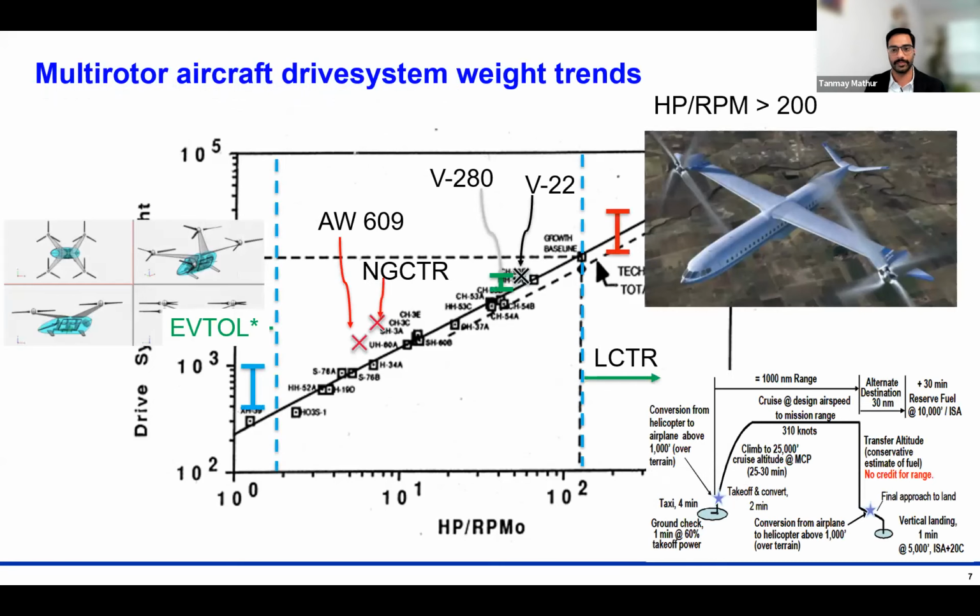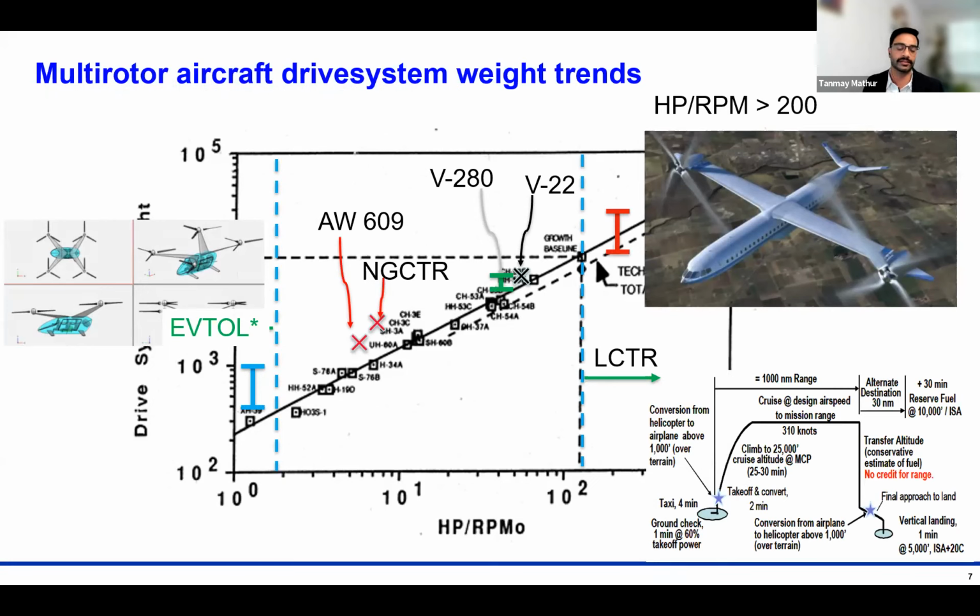Okay, now here we try to show where the multi-rotor aircrafts land on this chart. As you would expect, the drive systems for multi-rotor aircrafts are heavier compared to the equivalent helicopter in the same class.